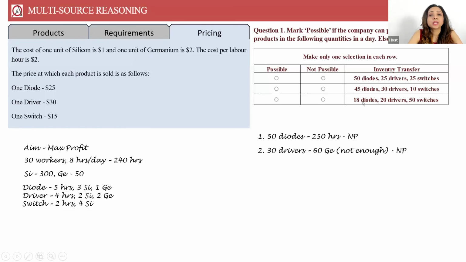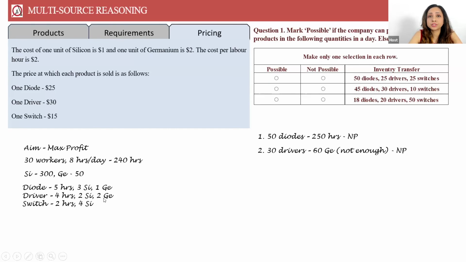Look at the third one, 18 diodes, 20 drivers, and 50 switches. Well, the numbers are now a little more decent, more in control. It is possible that this may work out, even though 50 switches seems like a lot. We know germanium is less, so let's check for germanium first of all. If I make 20 drivers, I need 40 units of germanium, because for a driver, I need 2 germanium.